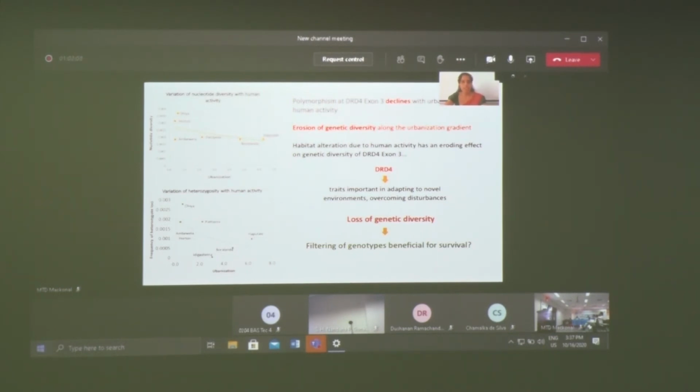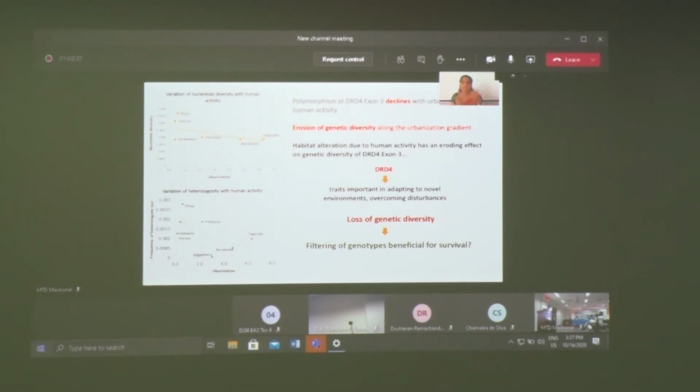And since DRD4 is responsible for generating personality traits involving adapting to novel environments and overcoming disturbances, maybe the genetic diversity dropped because some genotypes were filtered, and those found in the urban areas are the ones beneficial for the survival of these birds.